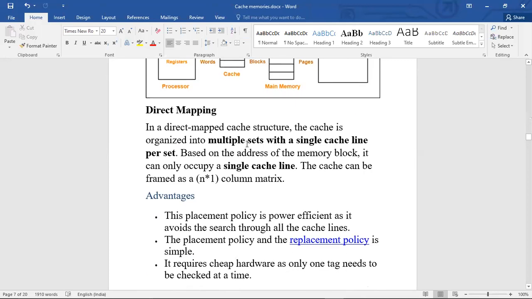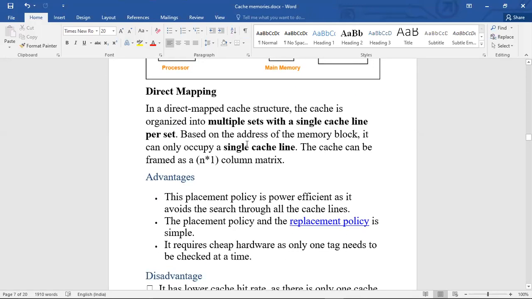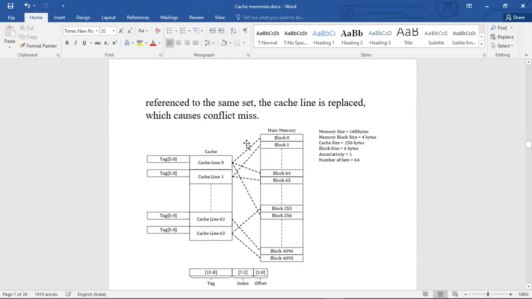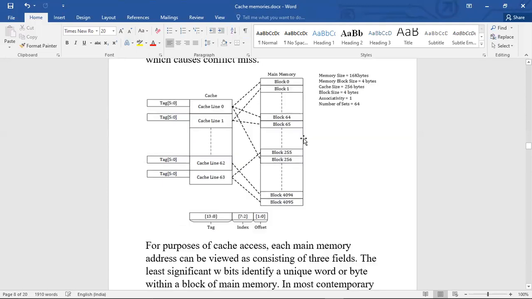In this we already discussed direct mapping, and how the mapping happens from main memory to cache memory. Here block 0 is mapped onto line 0 and block 1 is mapped onto line 1.